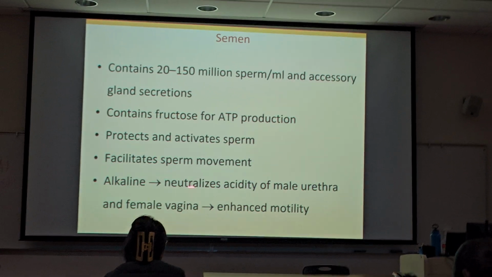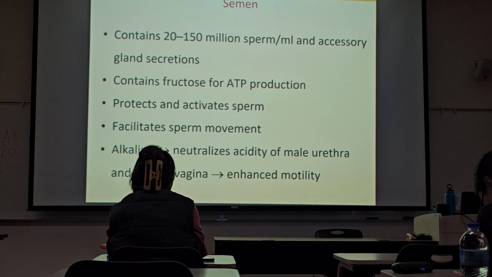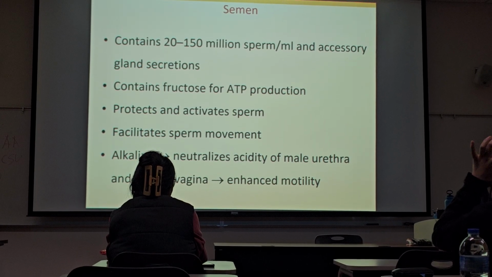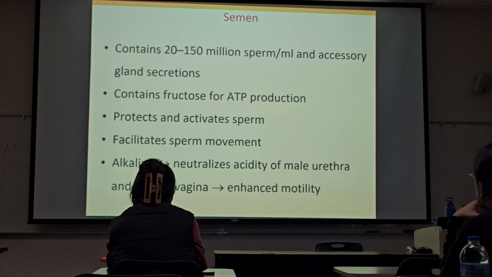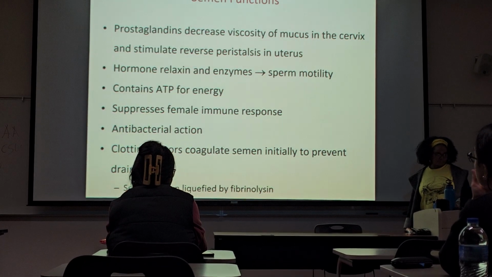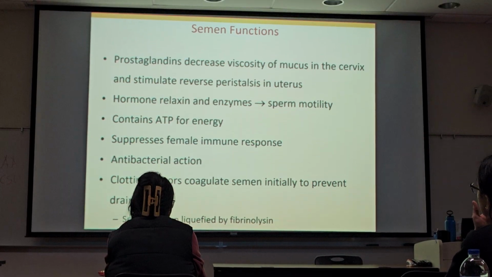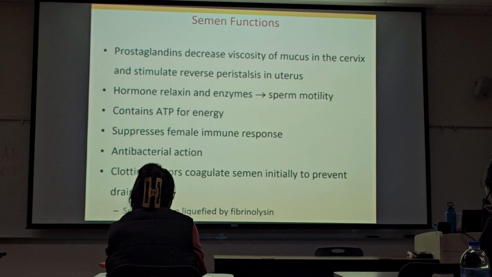Okay, so one of the things that semen will do is neutralize the acidity throughout the male urethra from urine and in the female reproductive tract because it is alkaline or basic. Semen also helps to suppress the female immune response.